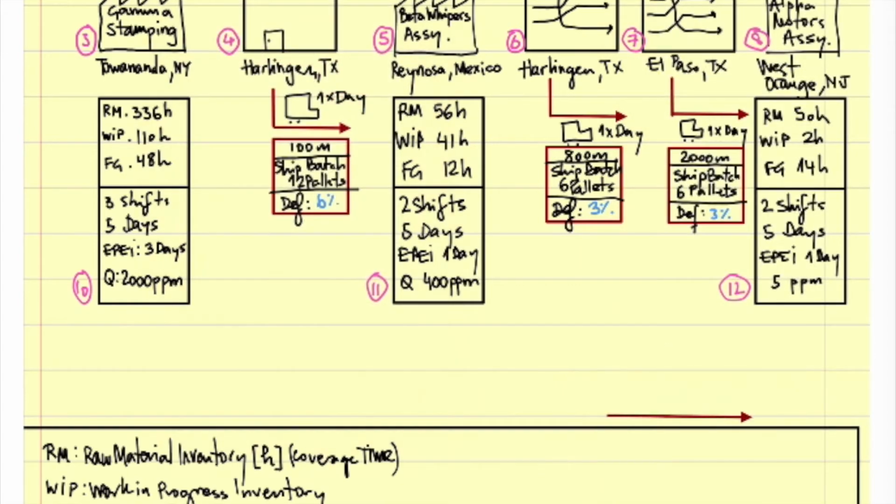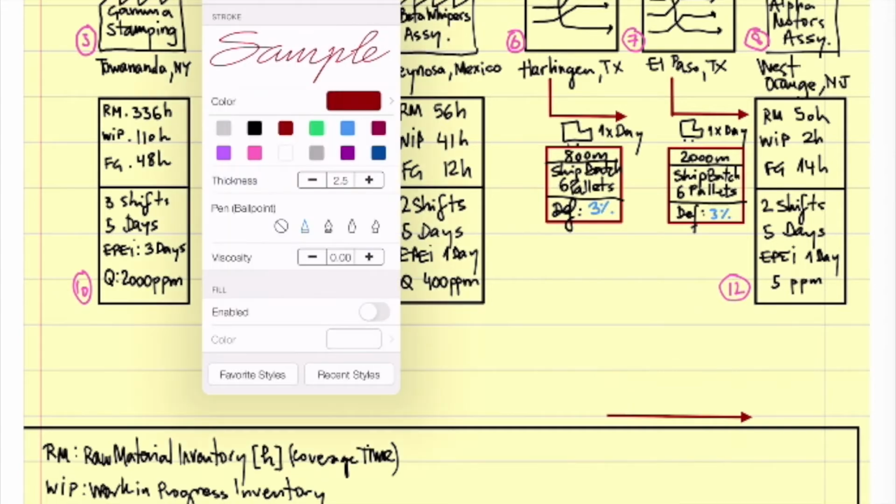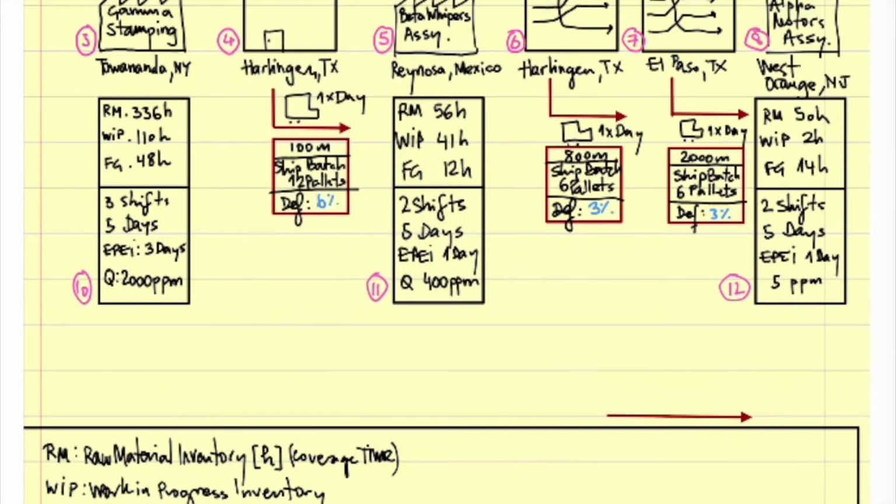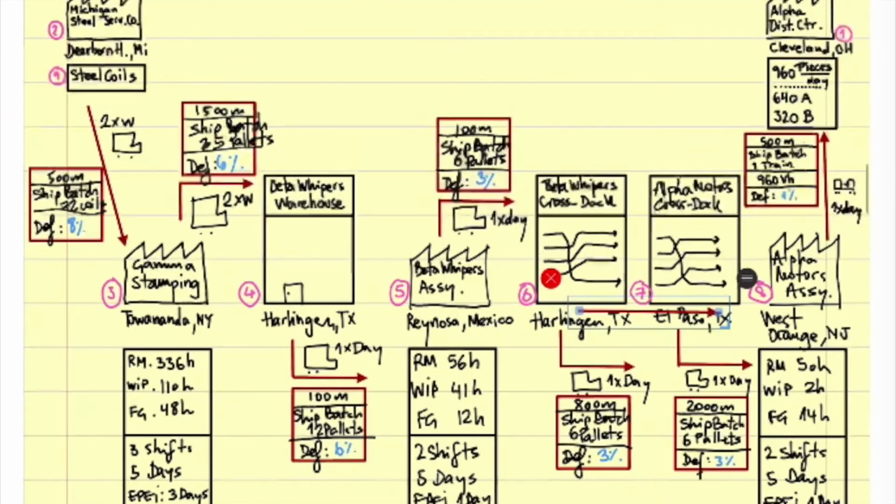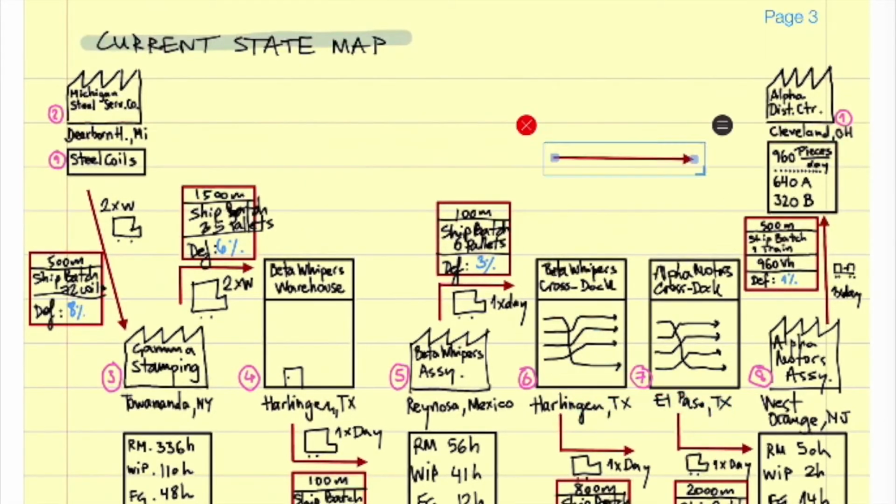Material flow. Oh, sorry. No, I don't like it there, so I'm going to need that later on. I put the legend up, okay? So this is the material flow.